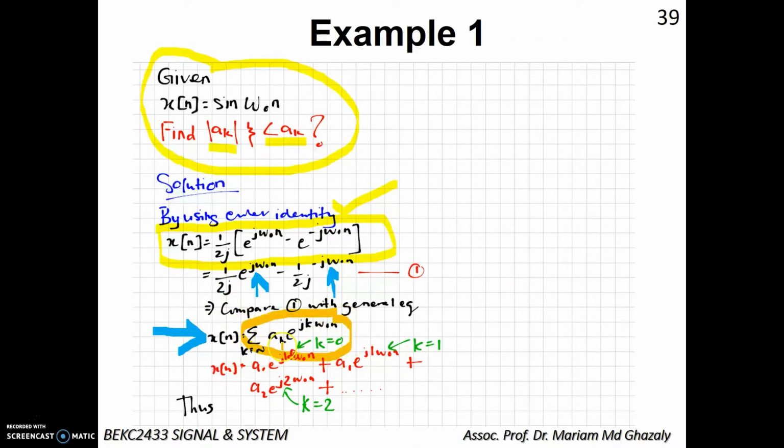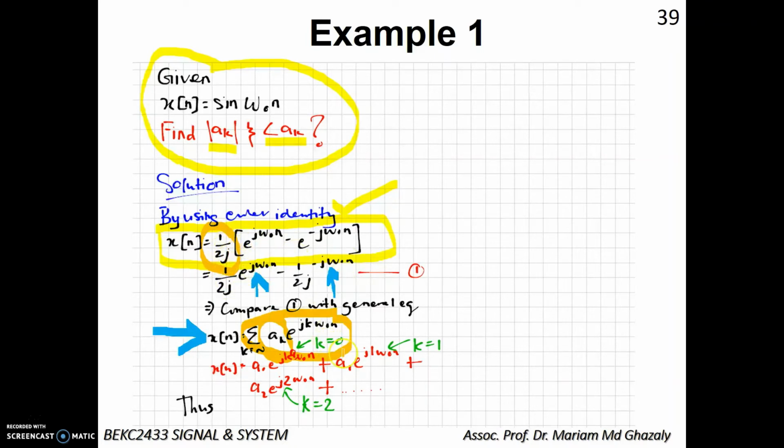Okay, you have a_k, which is the magnitude, e^{j k omega n}, so look at this, k is 1, omega n. So it means that the a_k value is this value. So a_k for k equal to 1 is 1 over 2j.